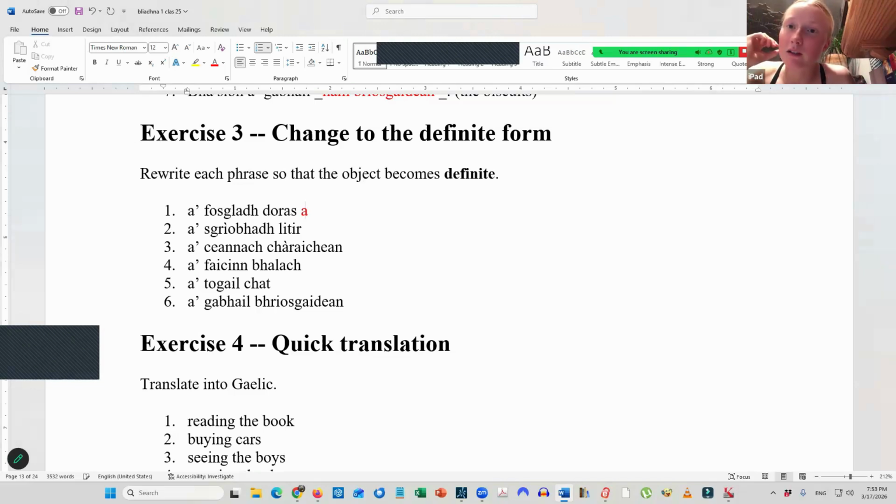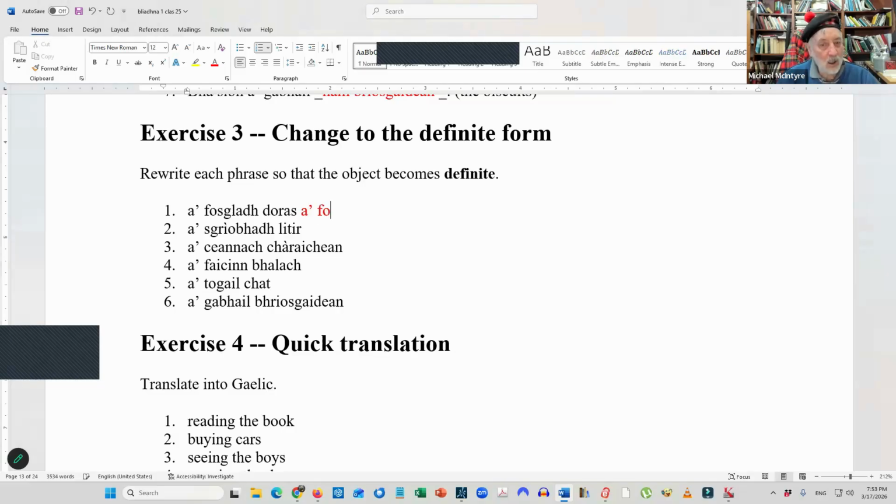Foslick on Doris. Yeah, these are easy to begin. You start with the verbal noun. And then a skrivik lecher, writing a letter.